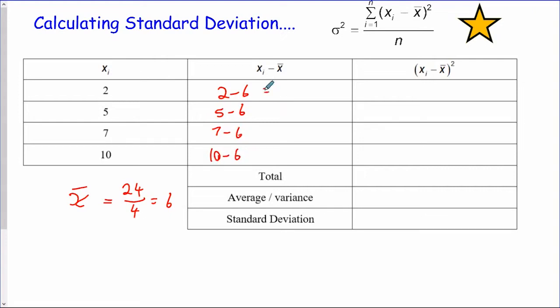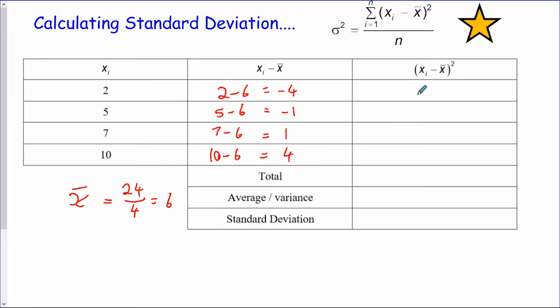Those come to -4, -1, 1, and 4. Now, interestingly, if one averaged those out at the moment, we'd get 0, because the positive ones and the negative ones would cancel each other out.